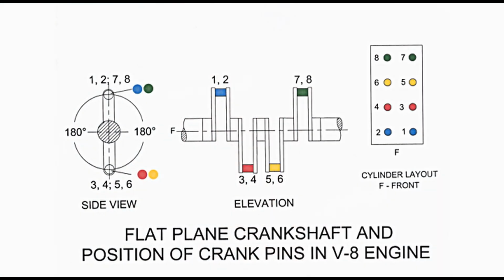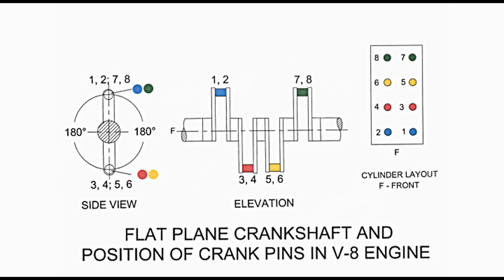Two views, elevation and side view, have been shown in the diagram with the cylinder layout on the extreme right. The cylinder layout has cylinders 2, 4, 6 and 8 on the left bank and 1, 3, 5 and 7 on the right bank. These are paired as shown in blue, red, yellow and green colors.